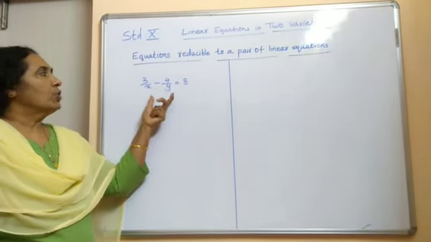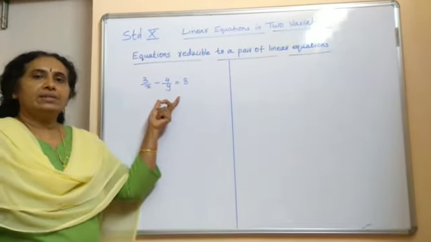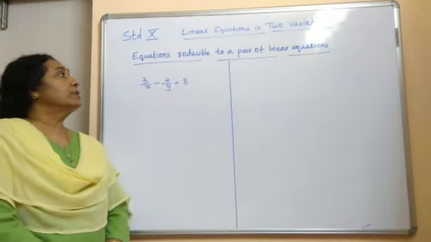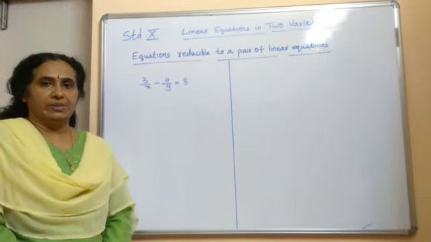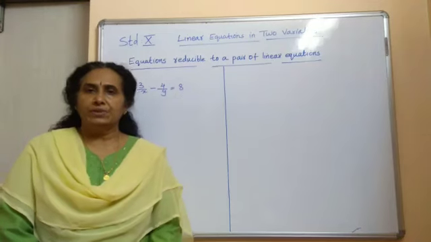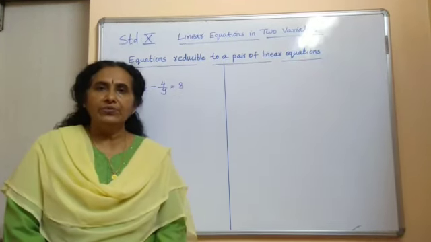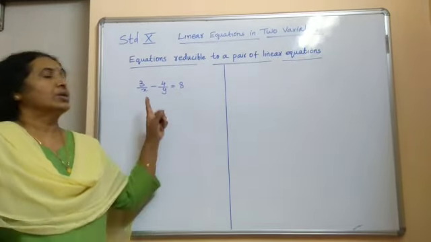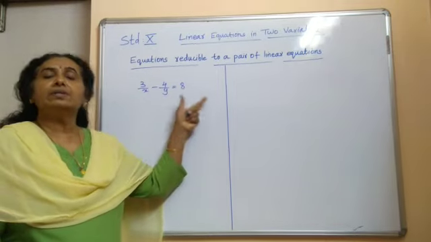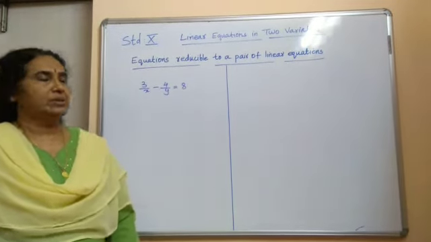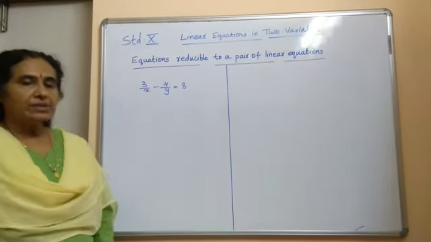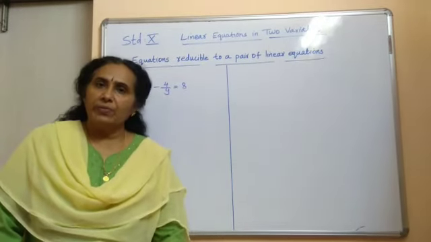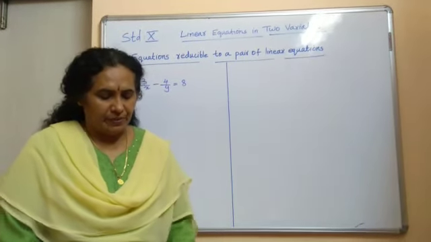Now we can solve these nonlinear equations by making proper change in the variables. That is by substituting the new variables in the given equation, we can convert them into linear equations. Now let us solve practice set 1.4 first question.